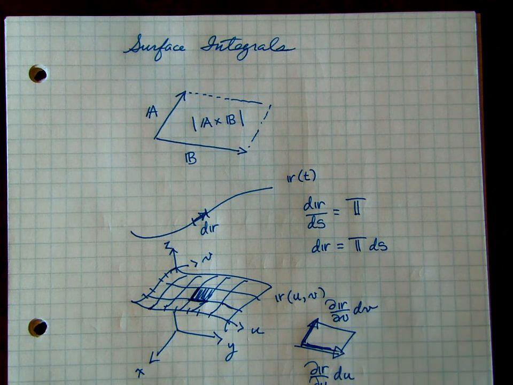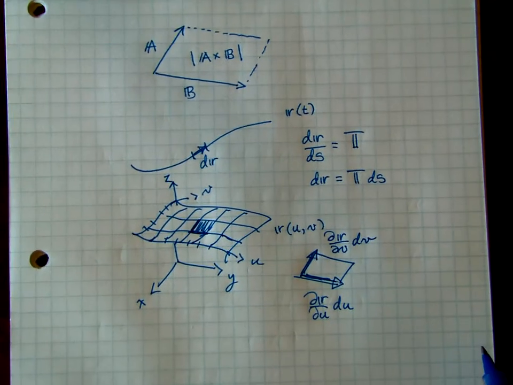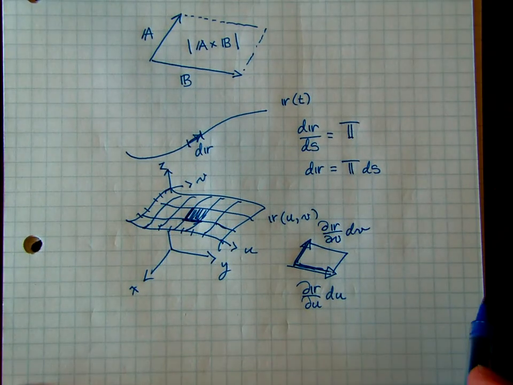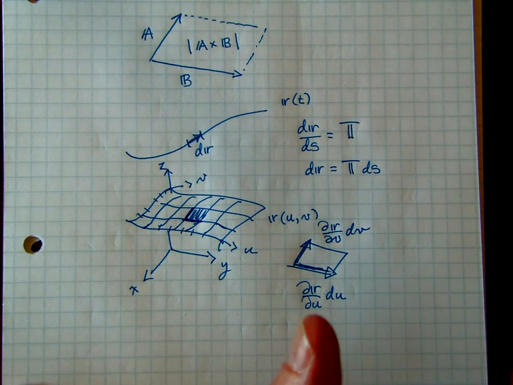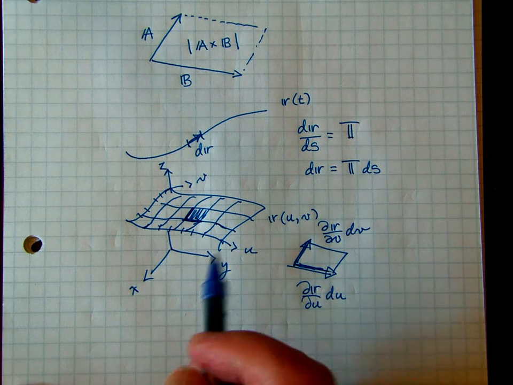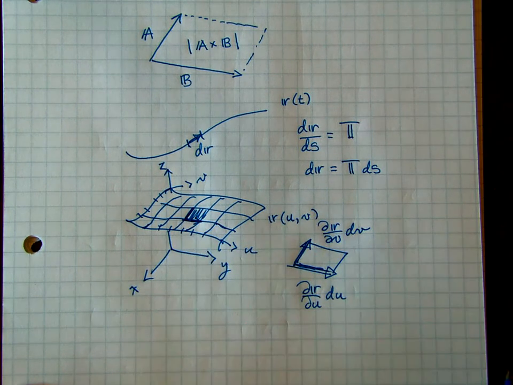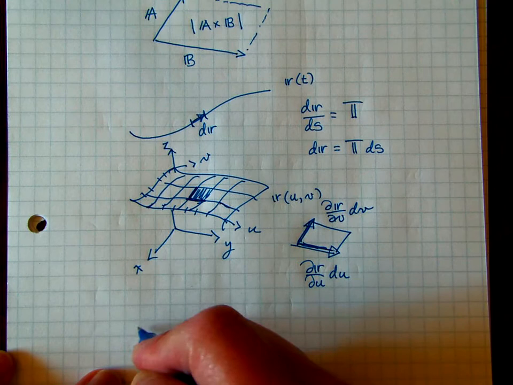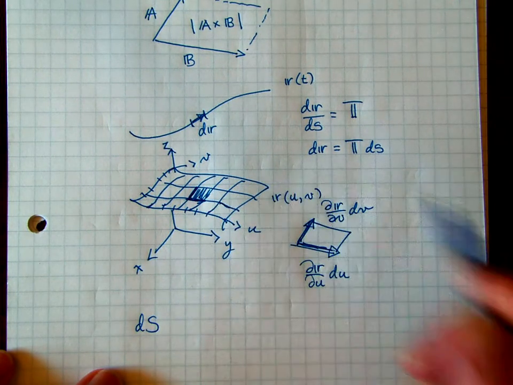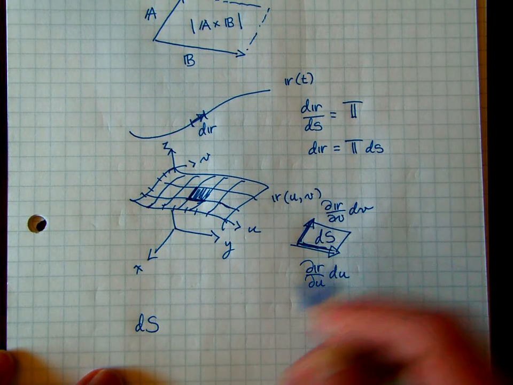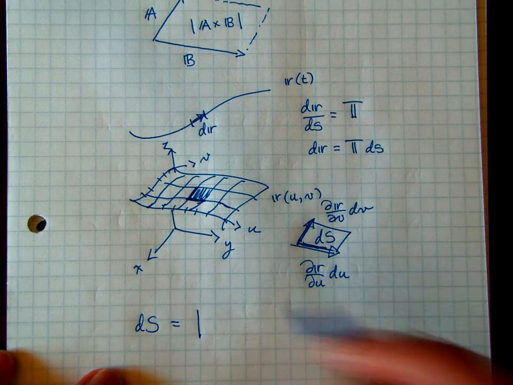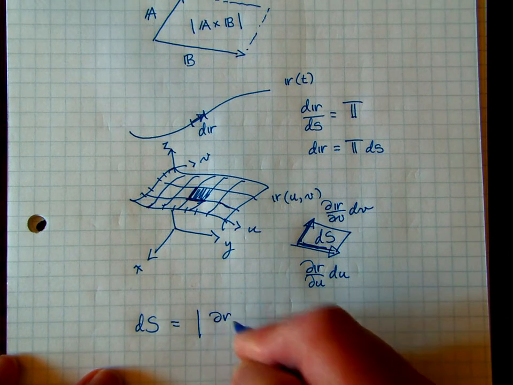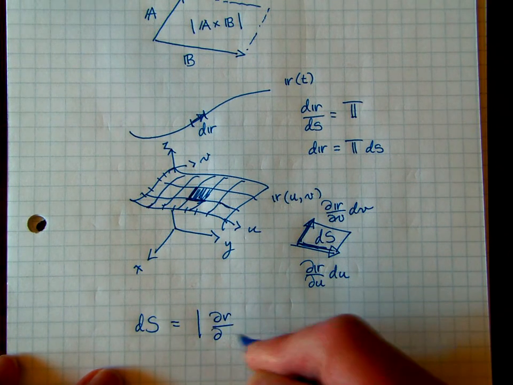And is this really a parallelogram? No, it's not really a parallelogram, but it'll be an approximate parallelogram. If you have a fine mesh, it'll be pretty close. And so we end up looking at ds, this little patch of area. It's going to be the magnitude of the cross product of these two little vectors.